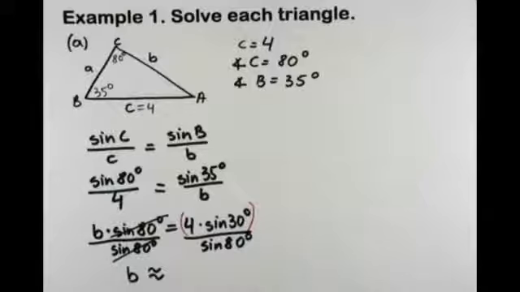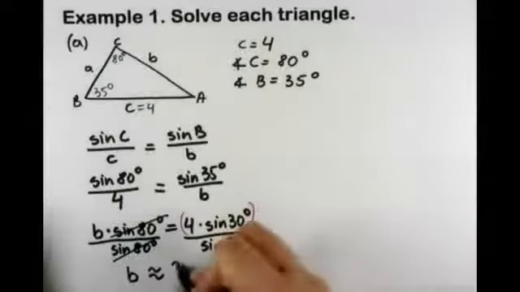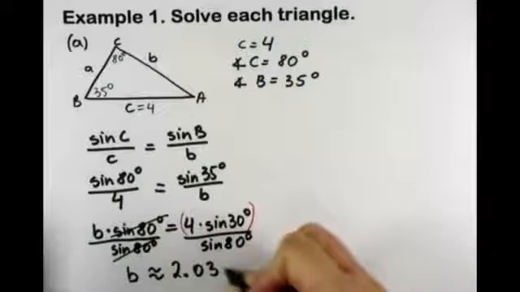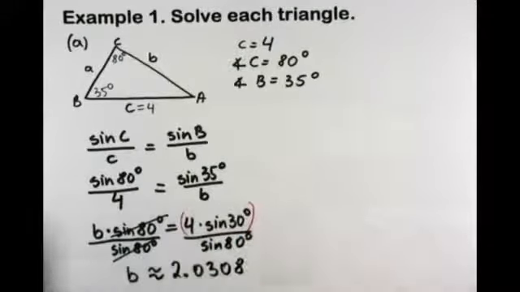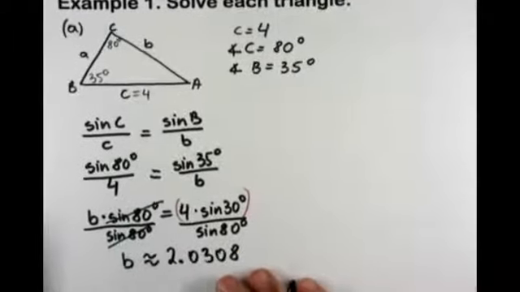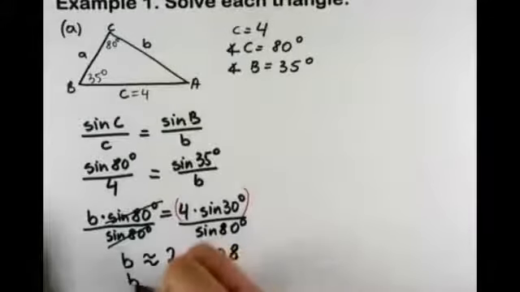That gives me 2.0308 and so on. So B is approximately 2.03.